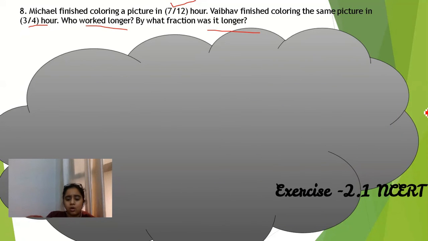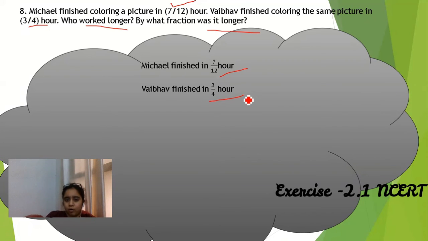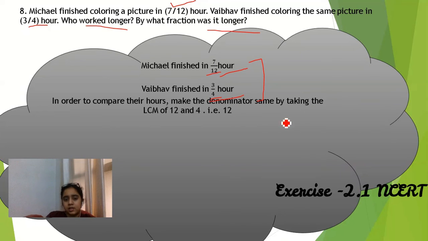So our solution: Michael finished in 7/12 hour and Weber finished in 3/4 hour. In order to compare these numbers, we have to make the denominators the same. So we take the LCM of 12 and 4, and we get the answer 12.